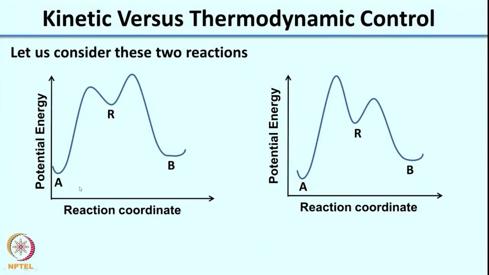Let us consider these two reactions. In the first case you have R going to A and B. I have shown you the reaction coordinate diagram for this. Similarly, in the second case also you have R going to A and B, but here you have a different reaction coordinate diagram.